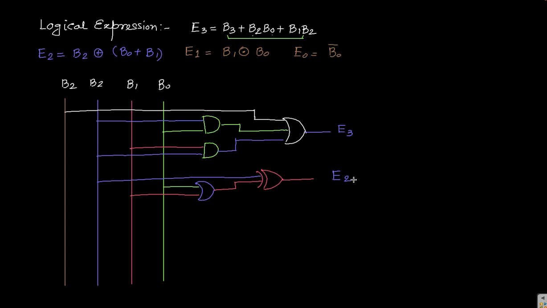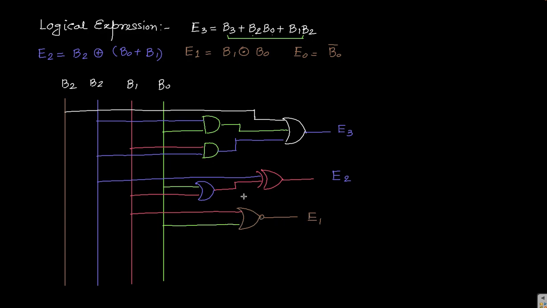E1 is B1 XOR B0, so we are taking one XOR gate for E1 and putting one bubble, which becomes an XNOR gate, and the output is E1. E1 is B1 XOR B0. B0 is the green color, so this is your green color.